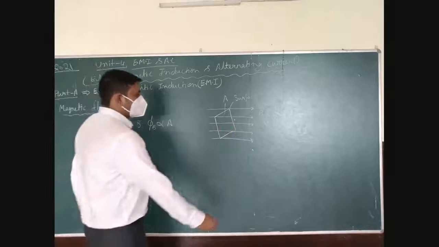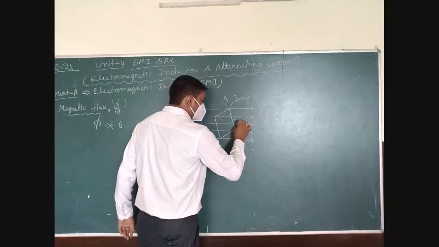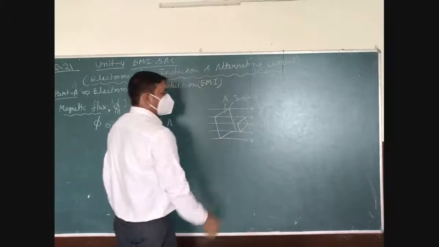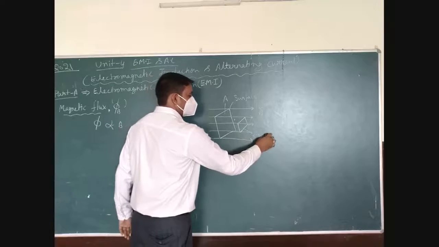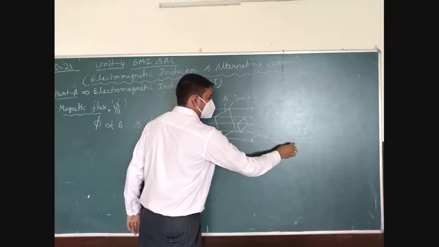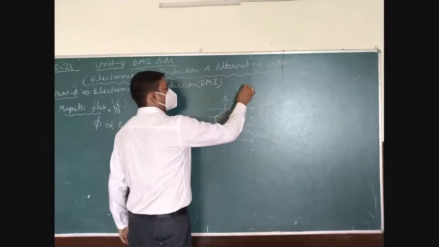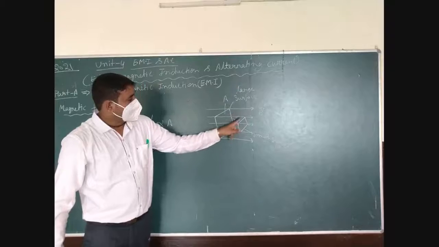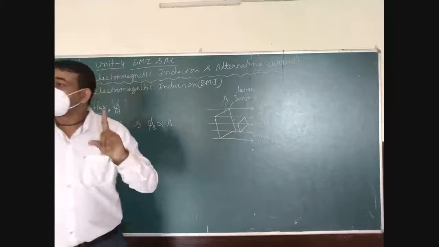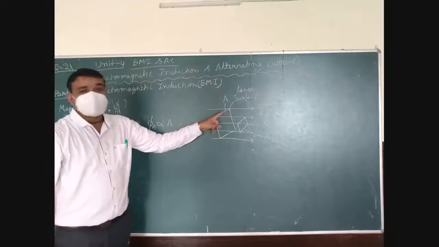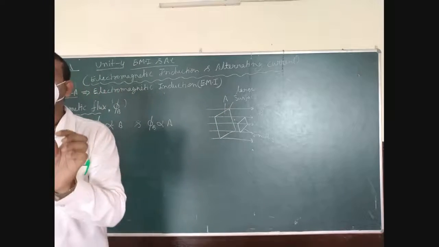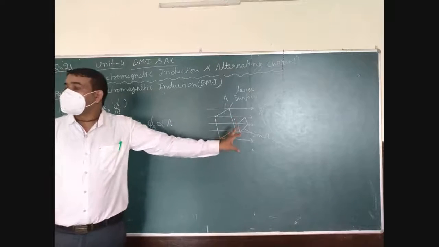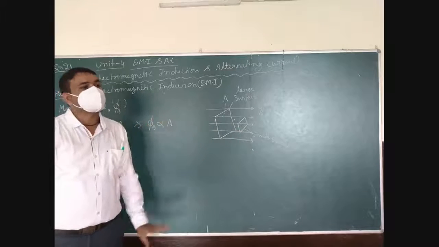If we take a smaller surface, we find 1, 2 and 3 magnetic field lines touching it, and if we increase the area of the surface, the number of magnetic field lines also increases. So the larger the area, the larger the magnetic flux.